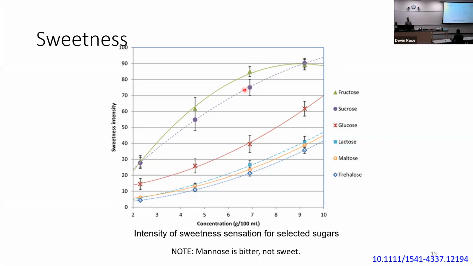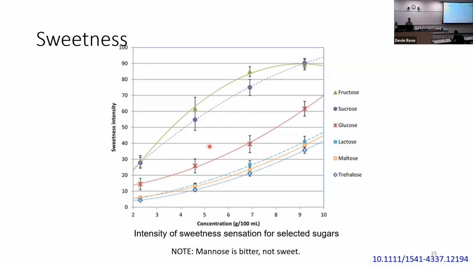This is called sweetness compression. If we reach an asymptote, a portion of the curve where we don't get any more sweetness for the addition of more sugar, that would be sweetness compression. That is characteristic of sucrose and fructose.